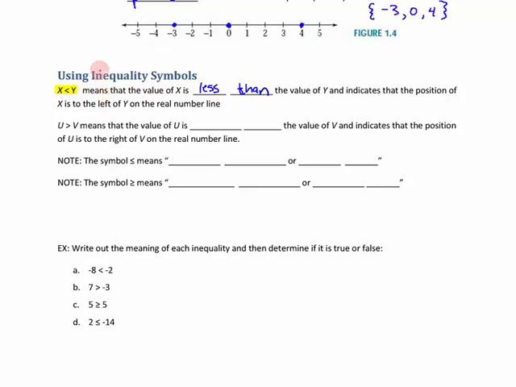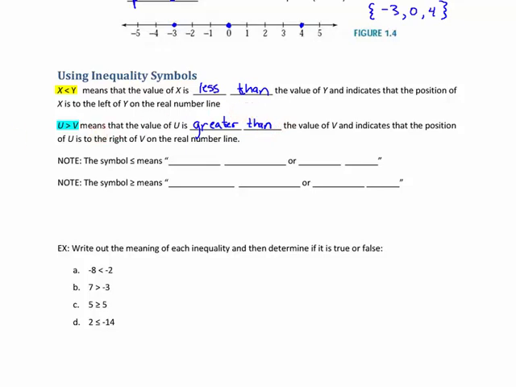So the smaller end of the little less than sign goes on the smaller variable or the smaller value. On the other hand, if you switch that over and say u is greater than v, that means that the value of u is to the right of v on the real number line.